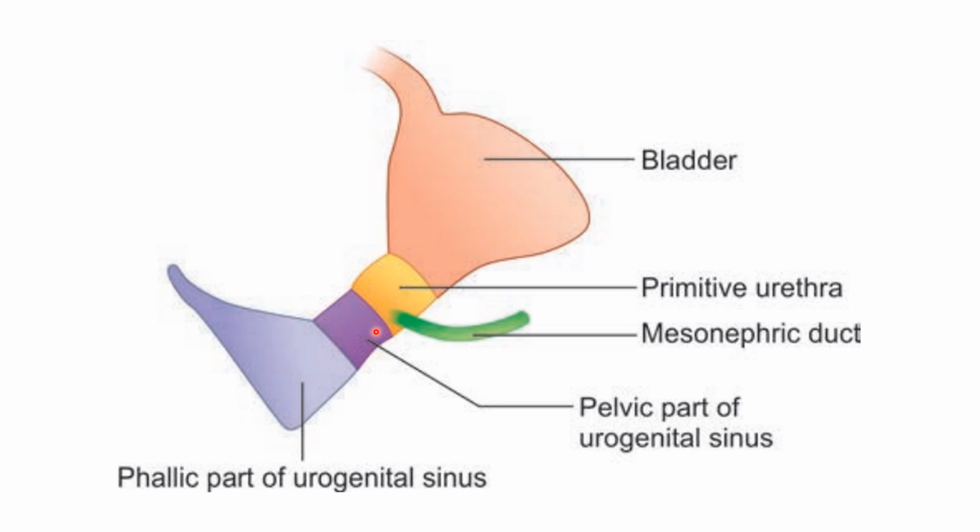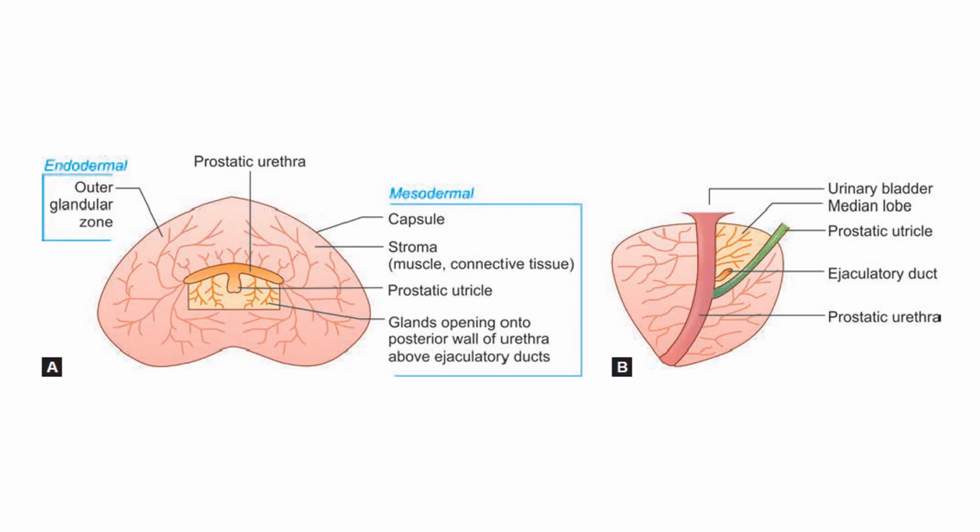These buds, they will form the secretory epithelium of the gland. The buds that are arising from the mesodermal part of the prostatic urethra, they form the inner glandular zone of the prostate. So as we already studied in the gross anatomy, in the prostate there will be an inner glandular zone and an outer glandular zone.